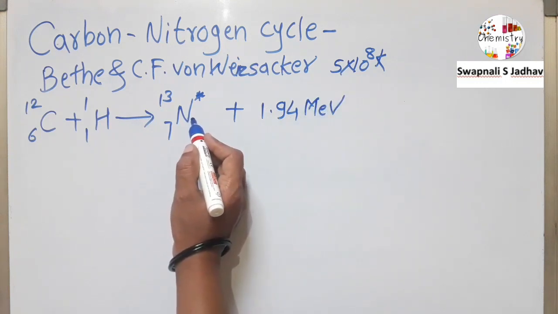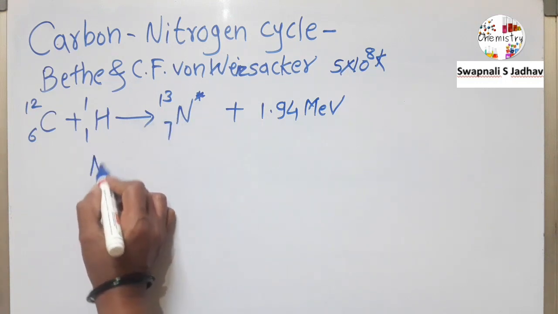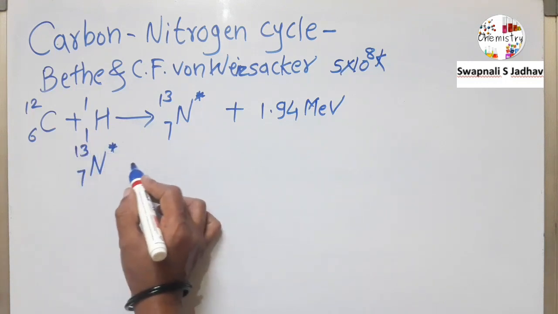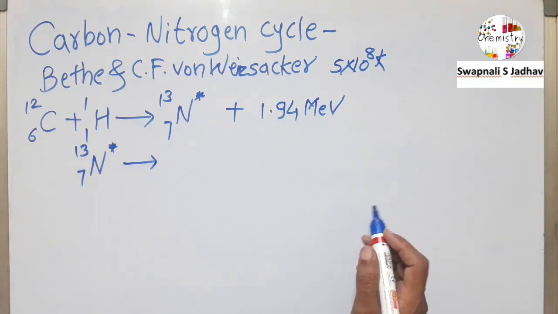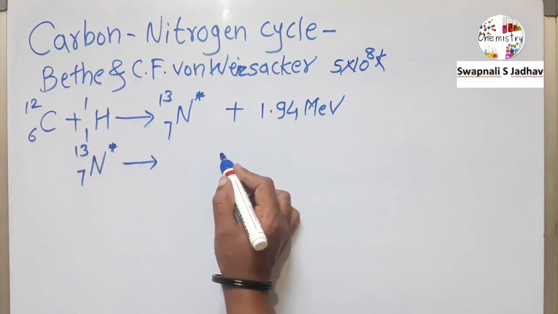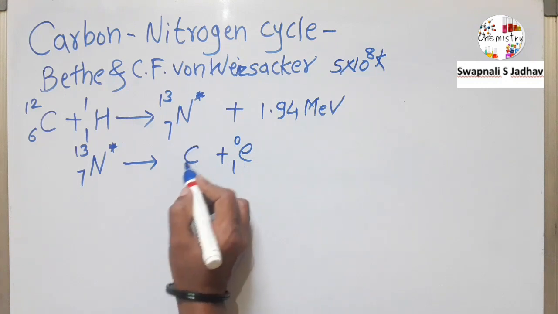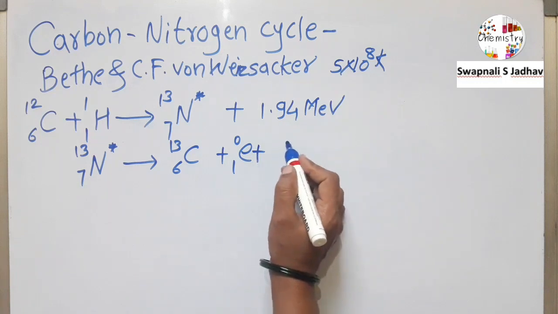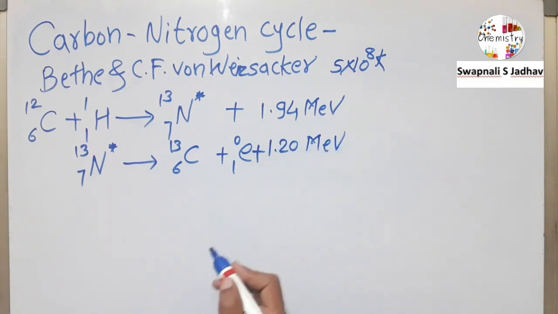This is radioactive, meaning unstable, so it emits a positron or electron. Here the mass number is higher or lower than the usual mass number? That is lower, therefore it emits a positron. So we get carbon 6 13 plus positron with liberation of 1.20 million electron volt energy.